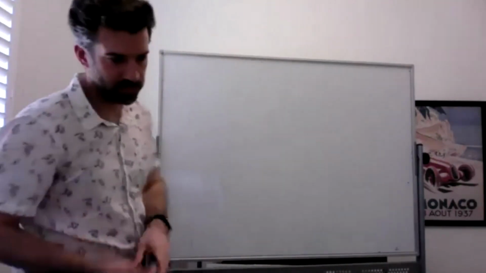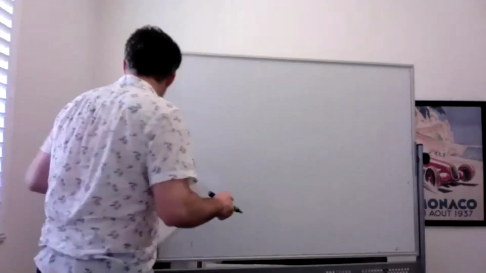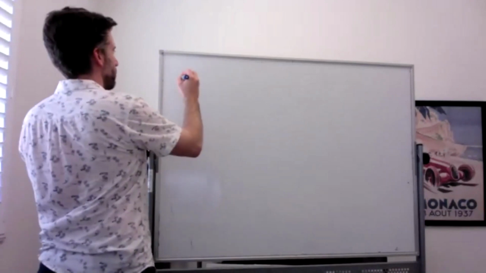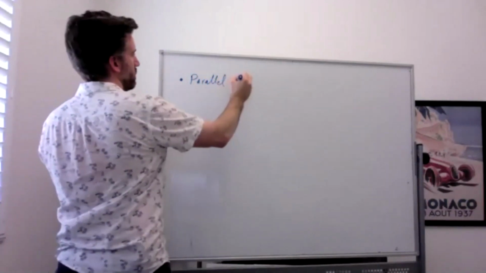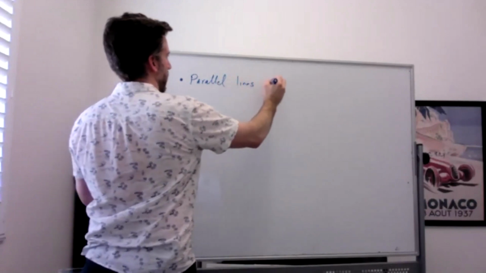Let's see here. Few last things about lines. Parallel lines have the same slope.